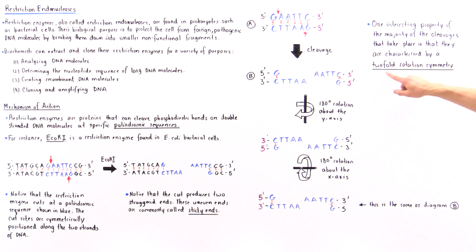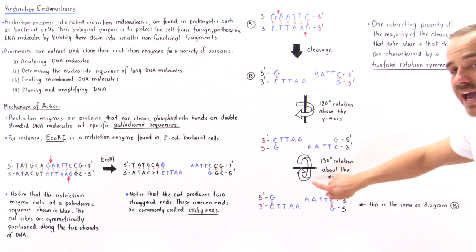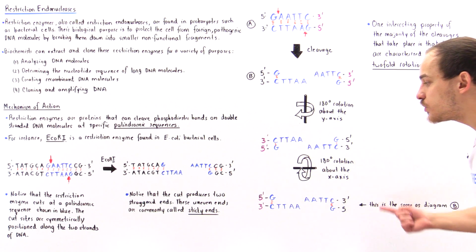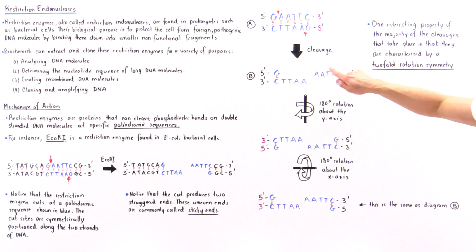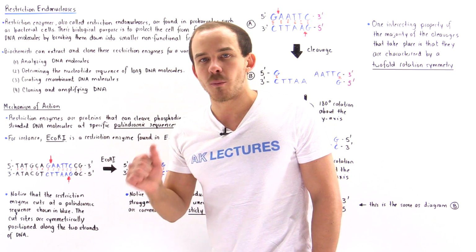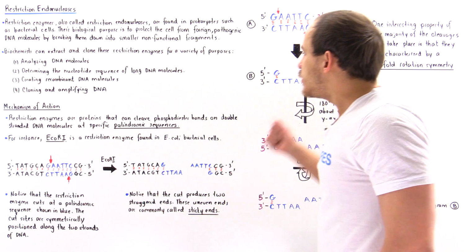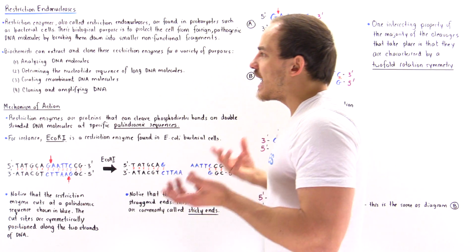After the twofold rotation, the 180-degree rotation about the y and the x-axis, we essentially produce a molecule that is exactly like this molecule here. And that's exactly what we mean by a palindromic sequence. So this is what we usually see when we're dealing with these restriction enzymes.